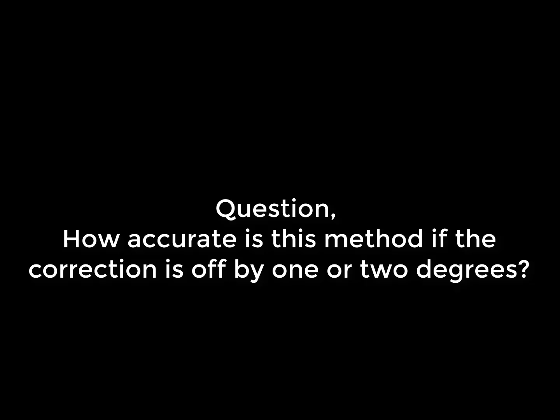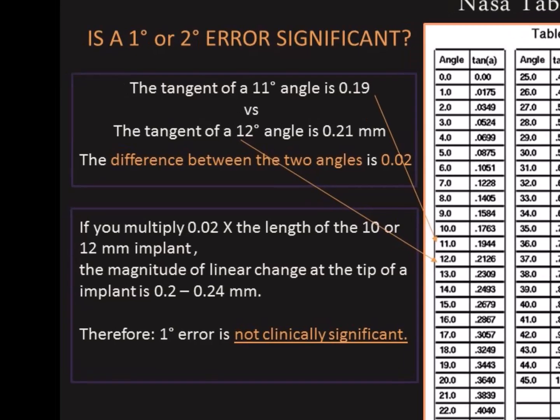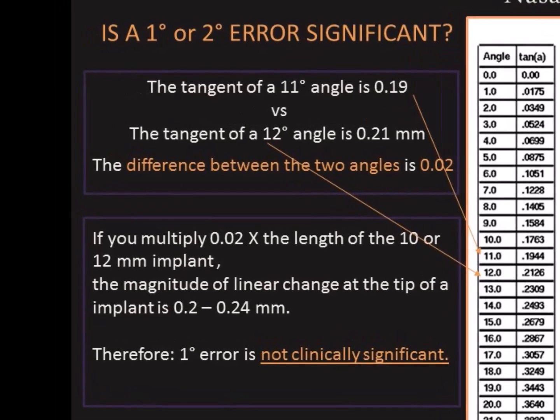Question: how accurate is this method if the correction is off by 1 or 2 degrees? The answer can be determined by using the Pythagorean theorem. The tangent of an 11-degree angle is 0.19.